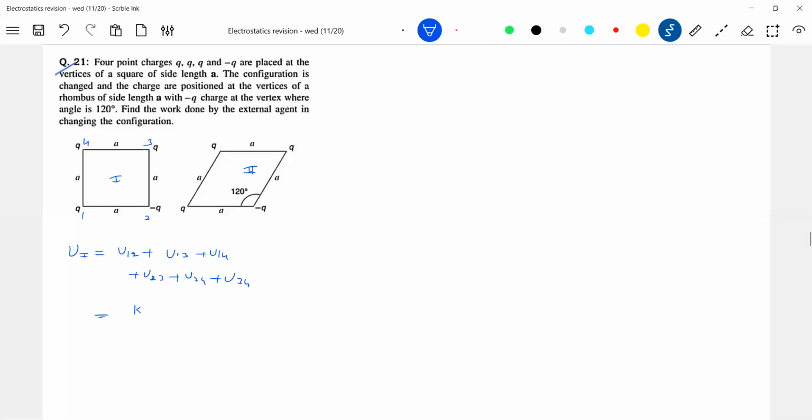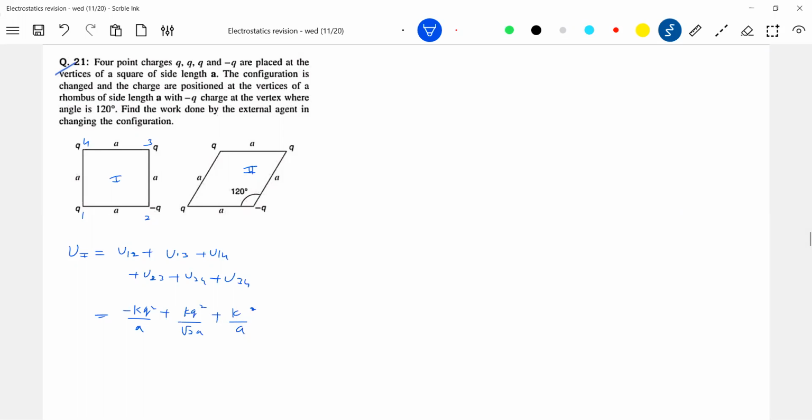U12 will be minus KQ square by A. U13 is KQ square by root 2 A. U14 is KQ square. To explain, I'm writing as in an exam directly.